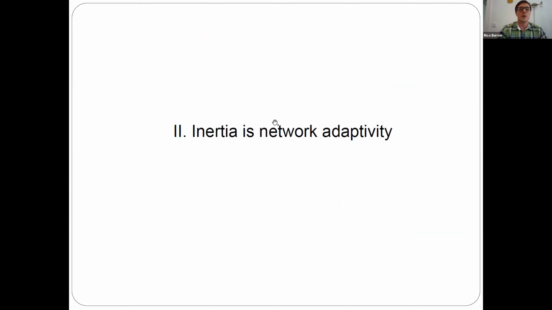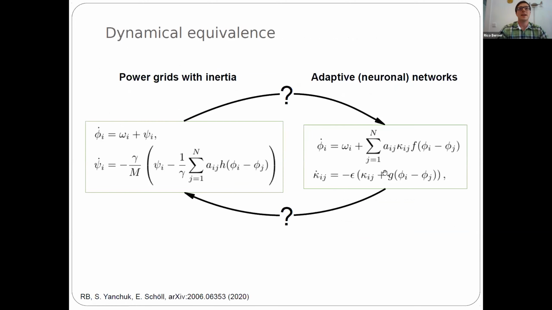And now the question is, can we relate these two models of phase oscillators? And the answer is yes, we can, but how? And this is what I am going to show you now. So on the left side, we see the power grids with inertia.